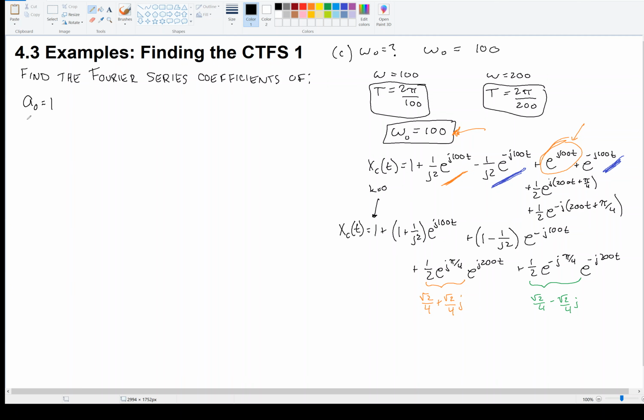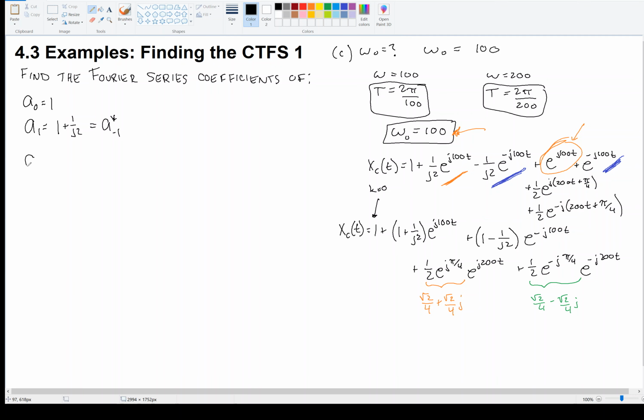And so I get A1 is equal to 1 plus 1 over j2. And then here's minus 100, so this is the k equals minus 1 term, and this is A minus 1. And notice, this is the complex conjugate of A1, right?